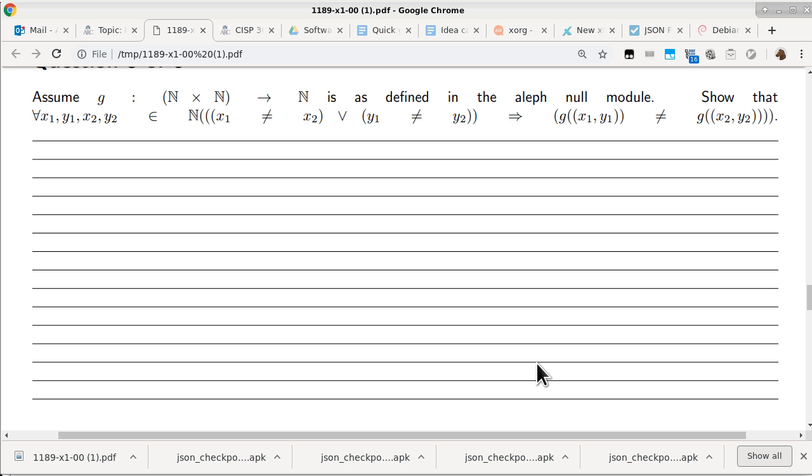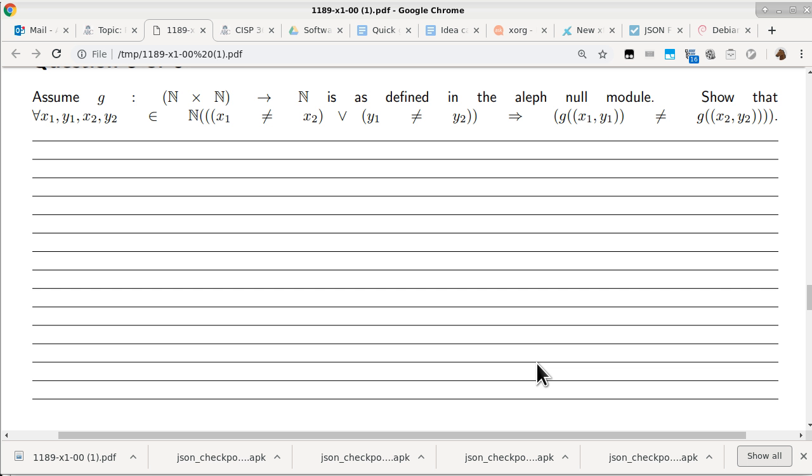How would you show me that? You can do it by cases, but you don't have to go that far. You can do it by contradiction, but even that is going a little bit far. You can use an established statement in the module and start with that.